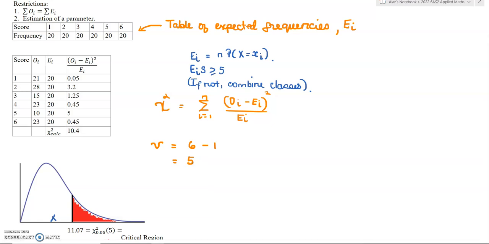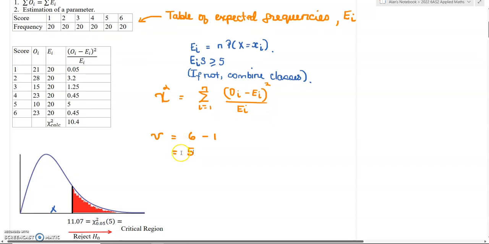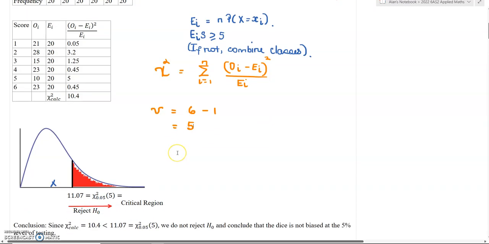Now it's at the 5% level of testing. So what we do is go to our chi-squared tables and look at our critical values to find the particular critical value for chi-squared of 5 degrees of freedom at the 5% level of testing. And that will give us 11.07.